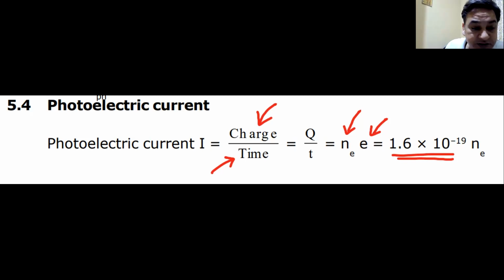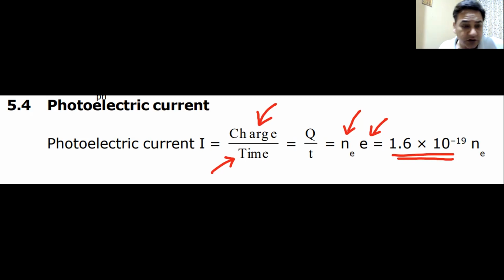I'll give you a minute to note it down, then I shall move forward. Have you noted this down, bacha?